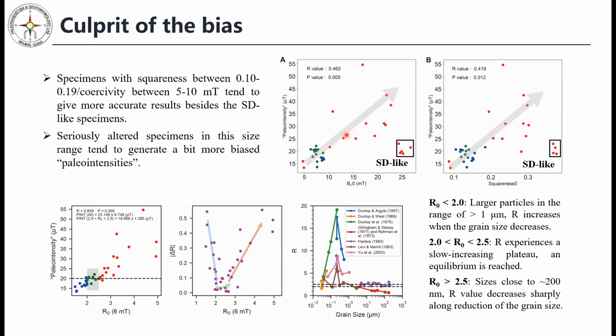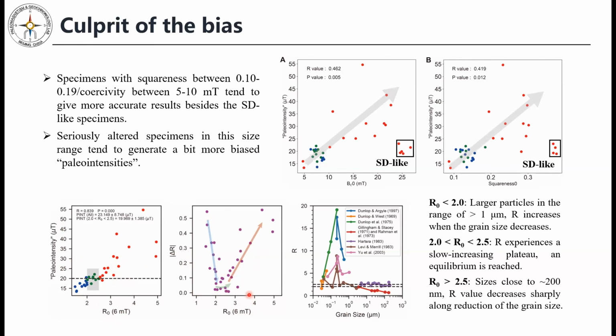Samples which have intermediate hysteresis parameters are more likely to have an accurate paleointensity estimation, unlike those severely altered, denoted by the blue dots here. Moreover, we can see such correlation more evidently in the initial R and paleointensity result. Also, we can see a wave shape in the delta R and initial R plots.